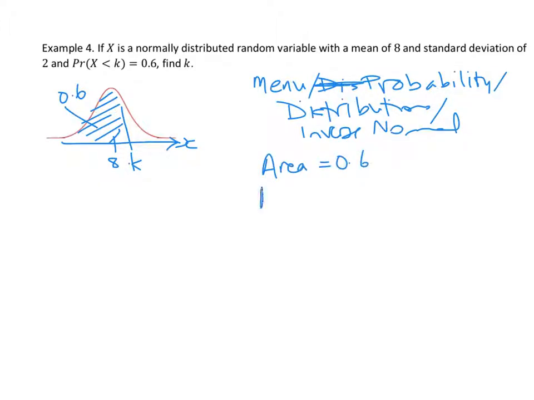It's asking you for the mean, which we have to change to 8, and the standard deviation, which is 2. The answer is that k is 8.50669, and that confirms what we had in the start, because k is bigger than 8. Perfect.